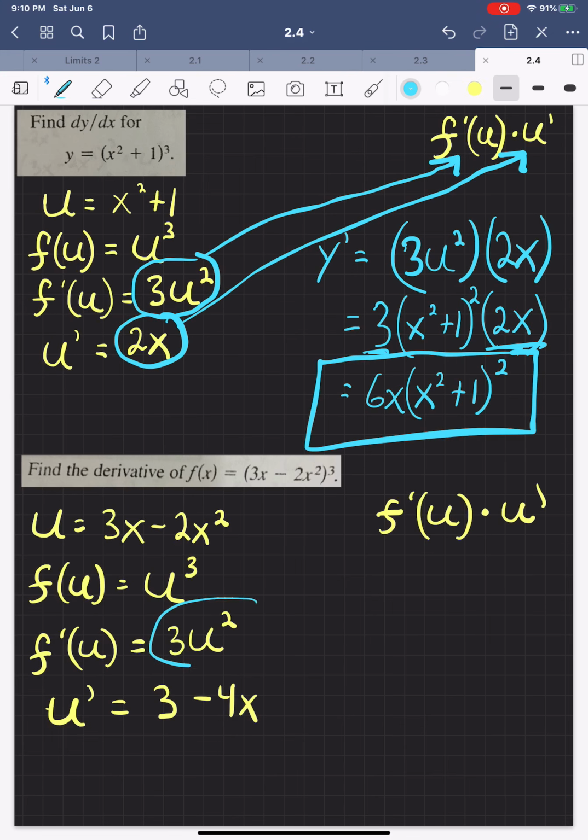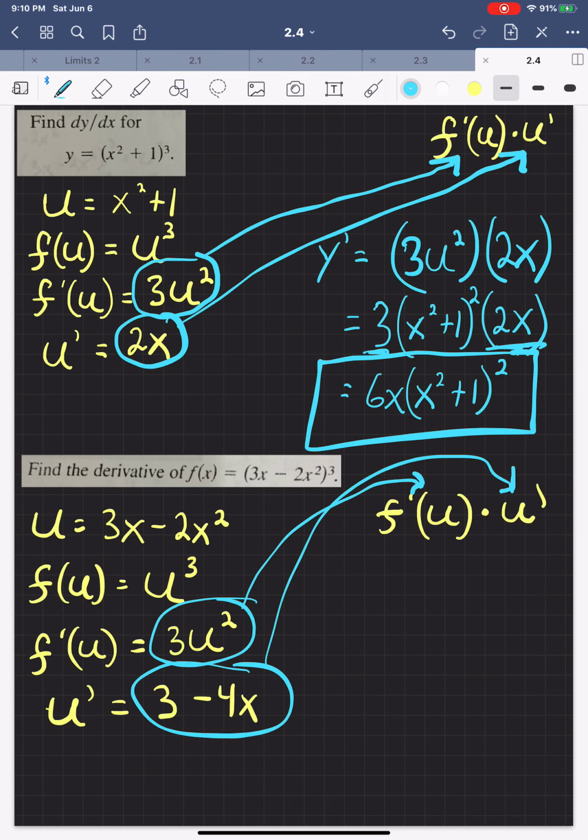We're going to place f prime here, and we're going to place u prime here. And here we go. So that's going to be 3u squared multiplied by, I'll go ahead and put parentheses, 3 minus 4x.